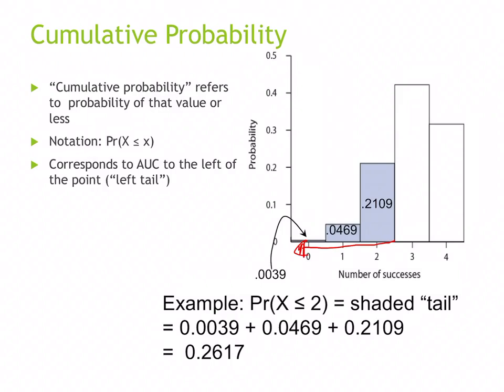You add up the probability of 2 successes, 1 success, and 0 successes, and you get the probability of X less than or equal to 2 equaling 0.2617, or about 26%. The key point to remember when finding the area under the curve for any probability is that for less than, you're always going to the left. So make sure you know what direction you're going in.